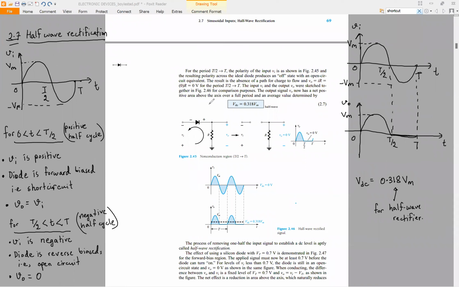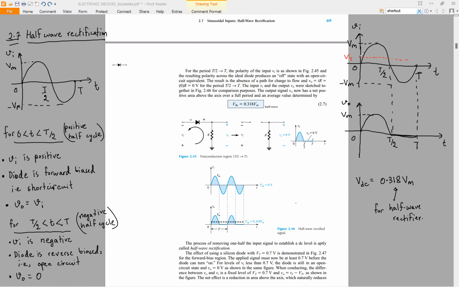If we consider the simplified model, we need to consider the threshold voltage, and the diode will turn on only after it has crossed the threshold voltage. Let's say this is Vt. When the input voltage is negative, the diode is definitely off.